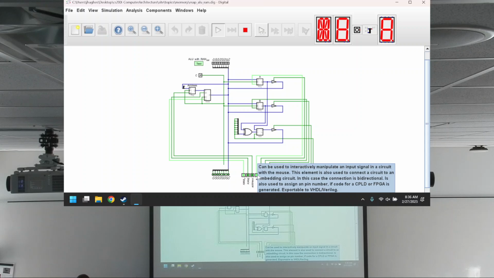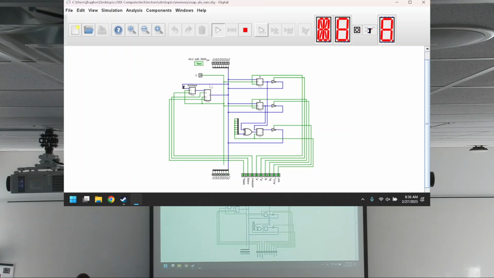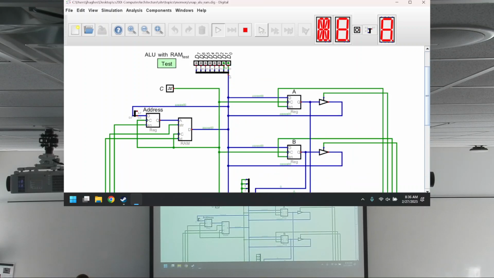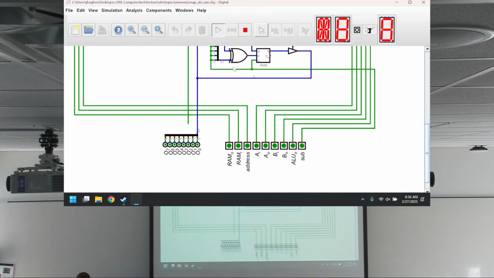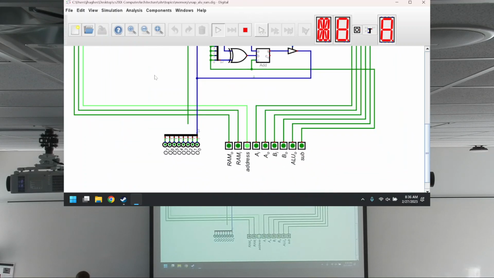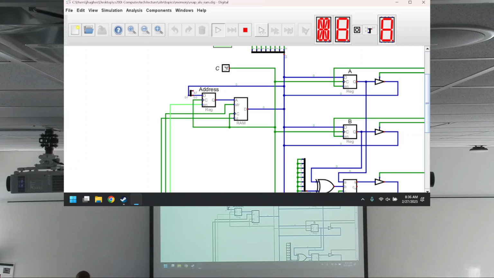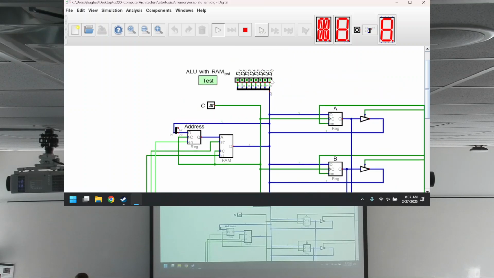Okay, these little pop-ups are quite obnoxious right now. There we go. Now we need to go back to address 0. Okay, address in, clock pulse. Perfect. Go back up here, set these to zero.